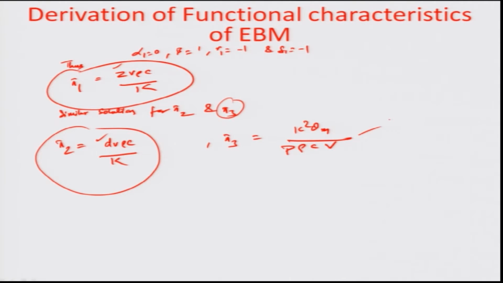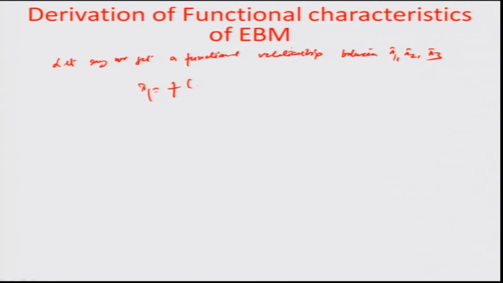And let us say now, assuming again further along the way, we get a functional relationship between pi 1, pi 2 and pi 3, as pi 1 is a function of, let us say, pi 2 and pi 3. Now, this could be either way.